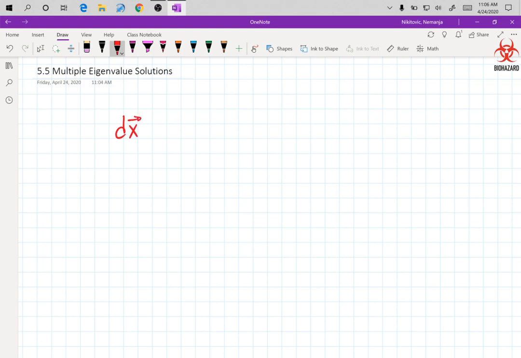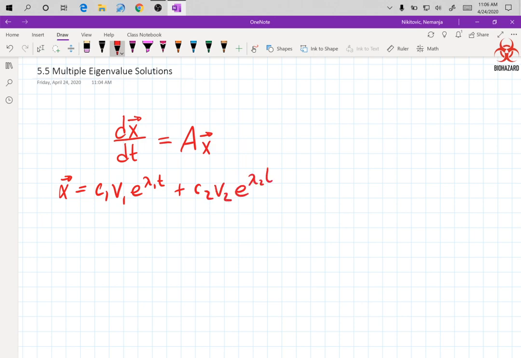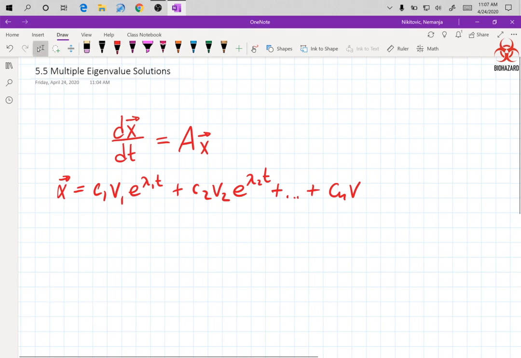So we have our good old system, the derivative of x equals the matrix times the vector of solutions, and we have the solutions given as C1 V1 e^(lambda 1 t) plus C2 V2 e^(lambda 2 t) plus dot dot dot plus Cn Vn e^(lambda n t), which allows us to have any amount of unknown functions, which is stored in the vector x.